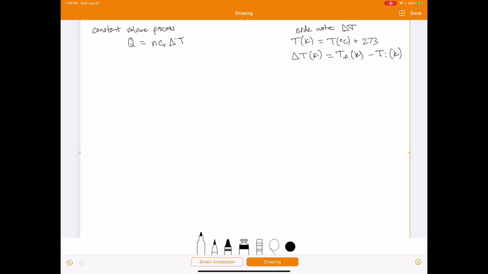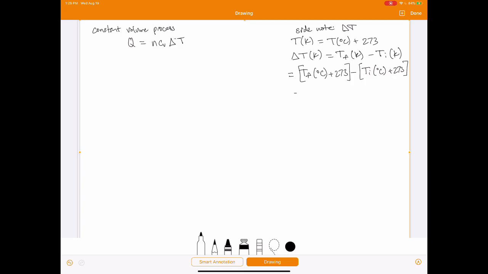But for each of those, we can use our conversion. T final in Kelvin would be T final in degrees Celsius plus 273. And T initial in Kelvin could be written as T initial in degrees Celsius plus 273.